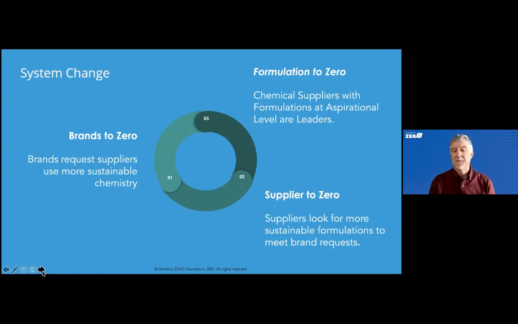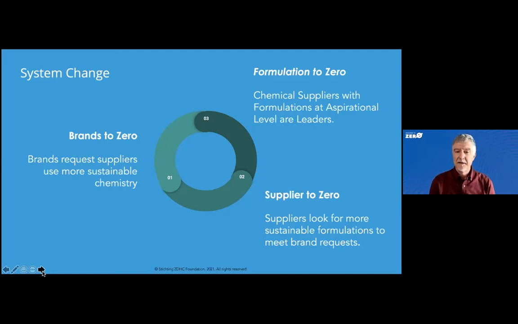That fits into our Supplier to Zero Leader program, where we're really looking to engage the suppliers and allow the ones that are very far advanced in their journey on sustainability to really be rewarded for that, and be rewarded as aspirational if they're using a high percentage of chemicals in a safe way that not only meet the MRSL, but go beyond that.